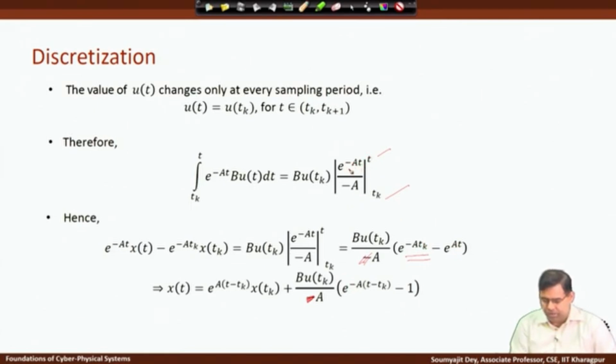The initial term was minus a t here. So, you have a minus here, and once you multiply both sides with e to the power a t, this becomes 1, and the resulting expression here is e to the power a t minus t k, minus 1, because of this multiplying of both sides by e to the power a t.